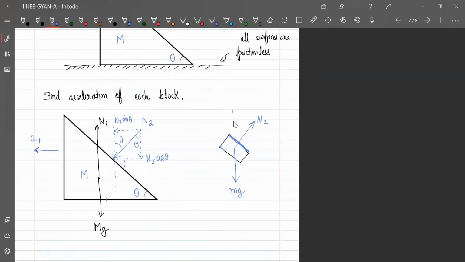So let us take component. See this vertical one, this angle is theta. This angle is theta. So this angle will be theta. If I take component of N2, I will get N2 cos theta in the upward direction and N2 sin theta in the horizontal direction.